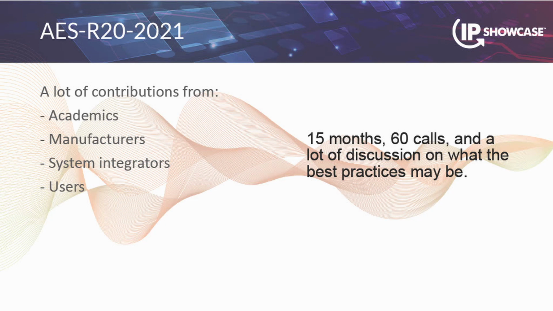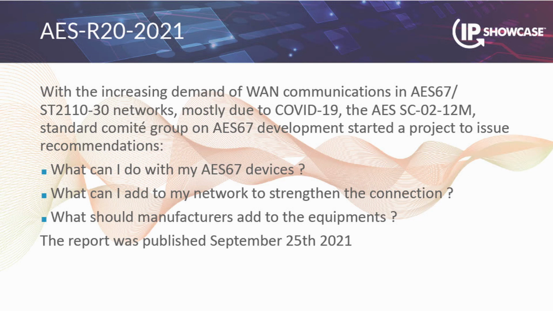So this gave us a whole view of the land of AES67 users and their needs. The result was called AES R2021. It's even on the roadmap that you can see on the booth.